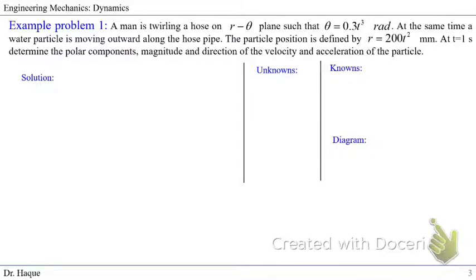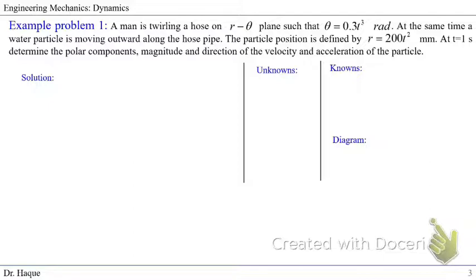The problem says a man is twirling a hose on the r-theta plane such that theta equals 0.3 t to the power of 3, where t is time and theta is in radians. At the same time, a water particle is moving outward along the hose pipe, meaning the water particle is inside the pipe. Since the pipe is rotating, the water tends to move outward.